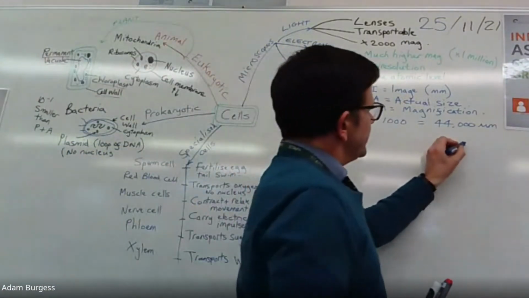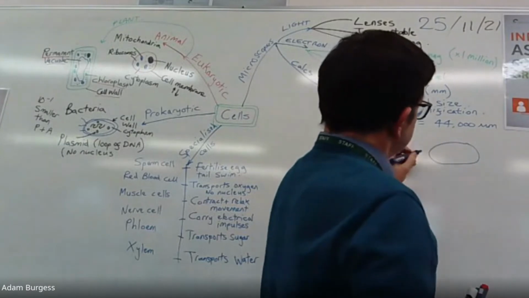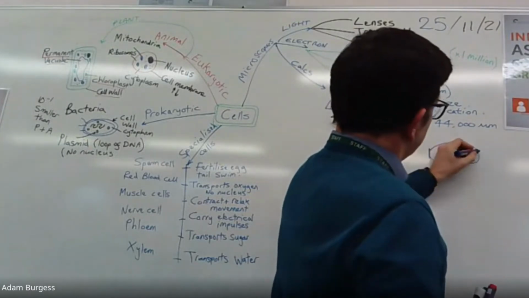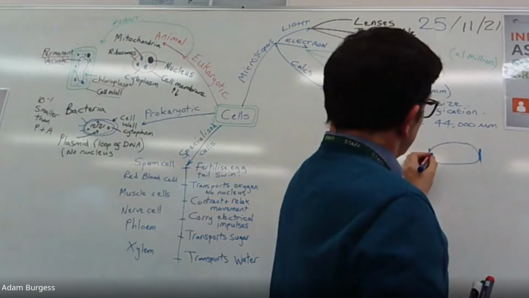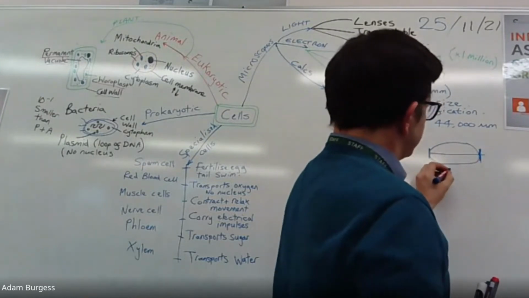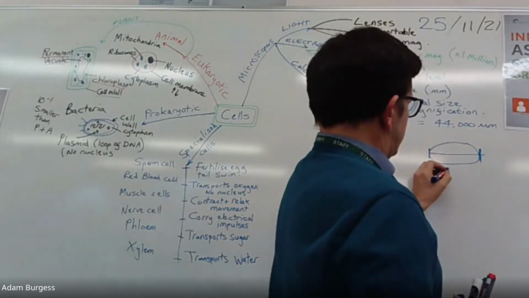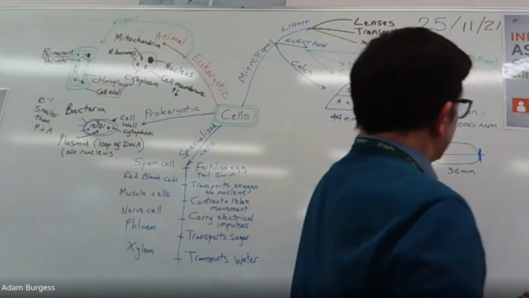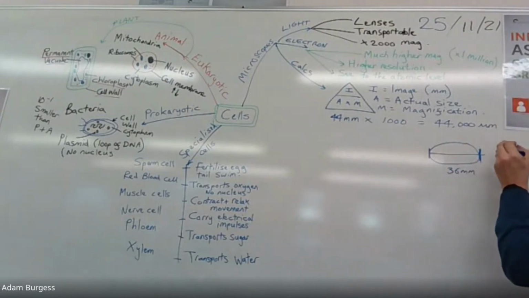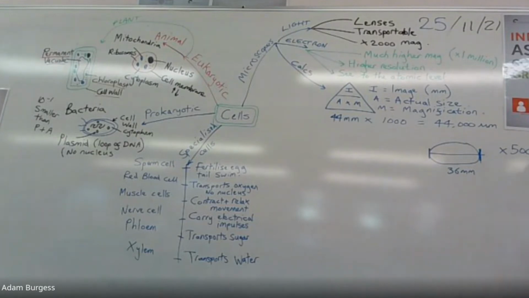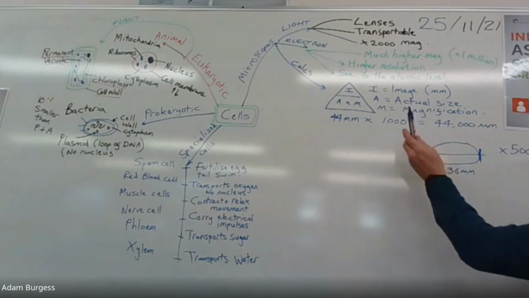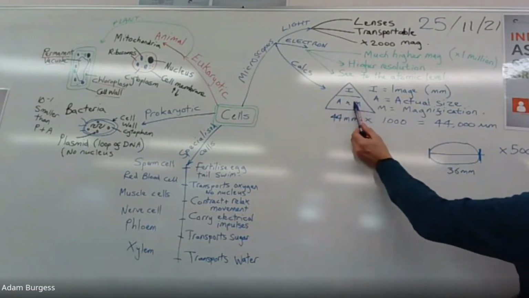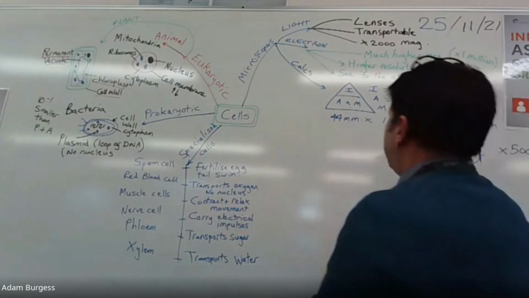So here's an example. Here's a cell. I'm going to measure it in millimeters, and it is, I don't know, 36 millimeters long. But the magnification is times 500. So how would I work out what the actual size of that is? Well, I know the image, I know the magnification, I want to find out the actual size.